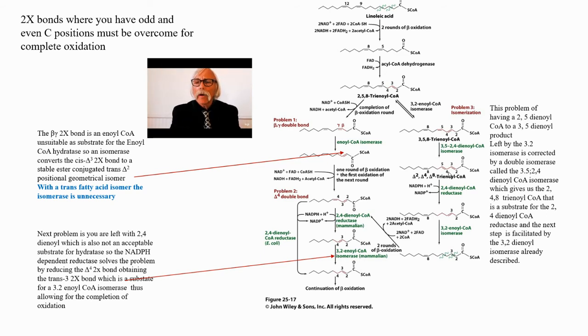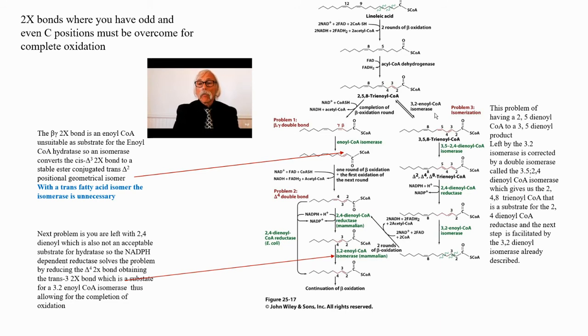No hindrance whatsoever. So you ultimately then have the 2,4-dienoyl-CoA reductase, and the next step is facilitated again by the 3,2-dienoyl isomerase, which I already described to you. That was the one that was down here.